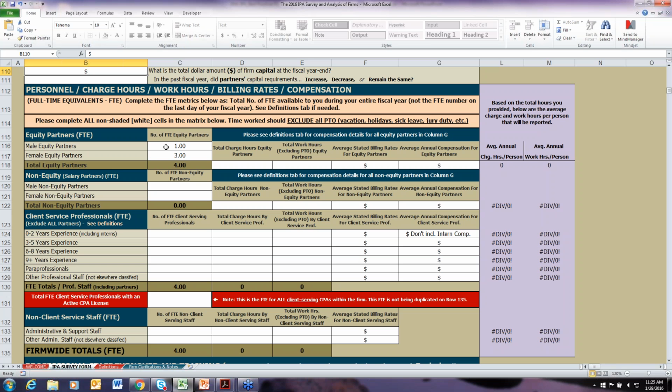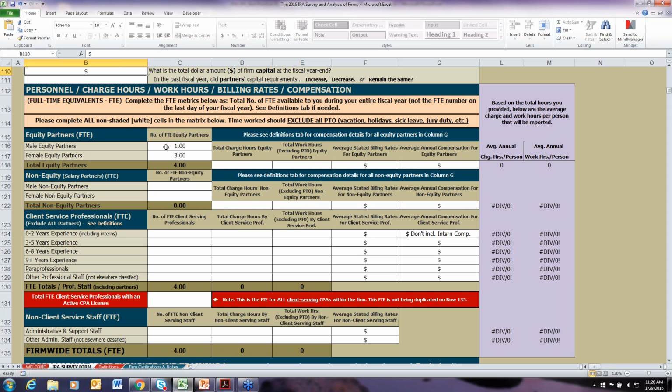One of the questions we get most often is how to calculate full-time equivalent. For IPA's survey, we're looking for the full-time equivalent count of the people available to you during your fiscal year. FTE cannot be more than 1, but can be less than 1. FTE should be based on a 2,080 hour year.